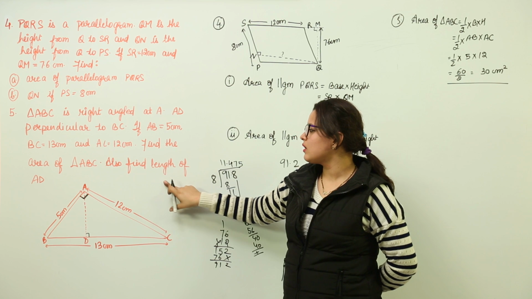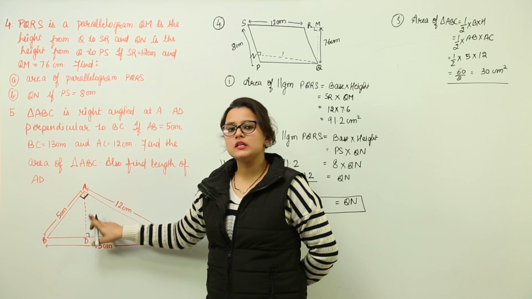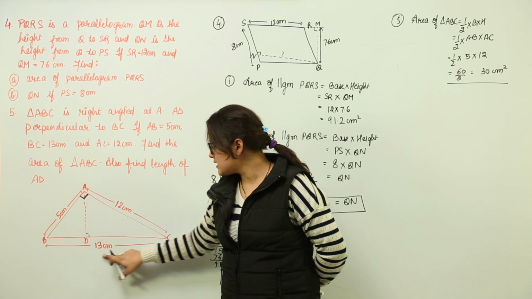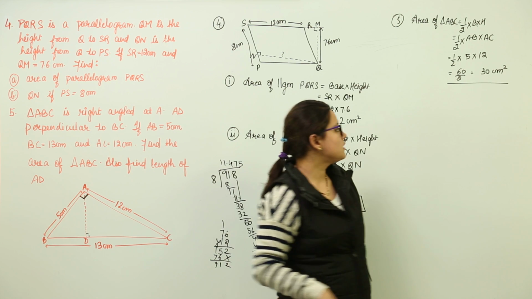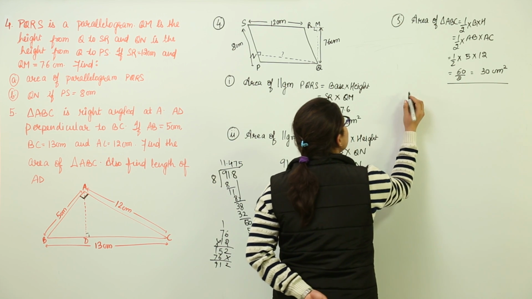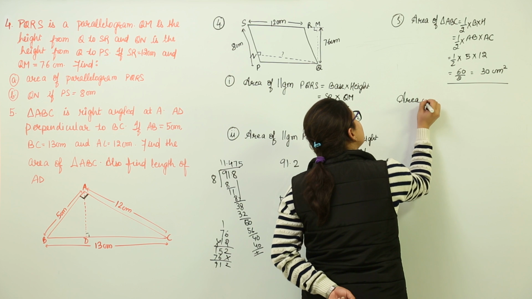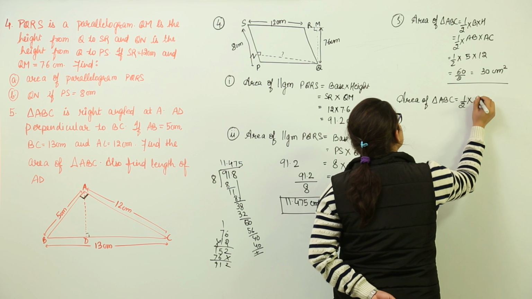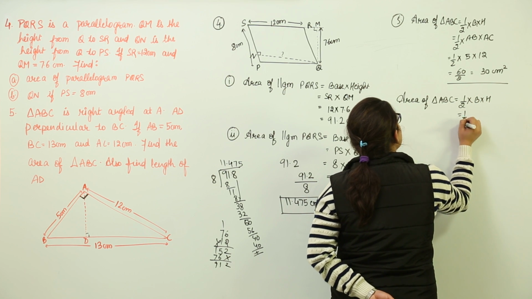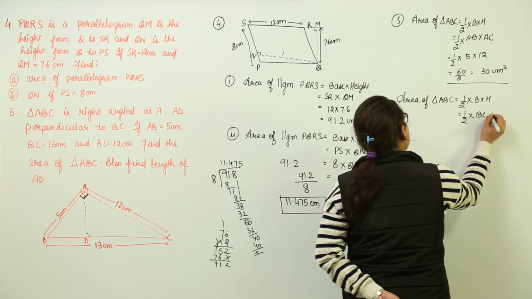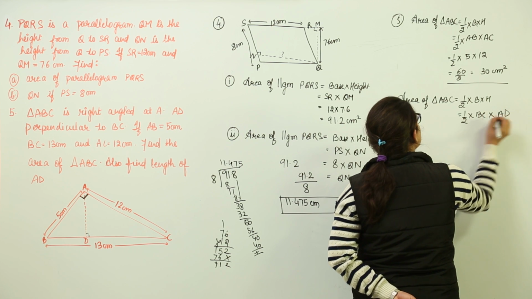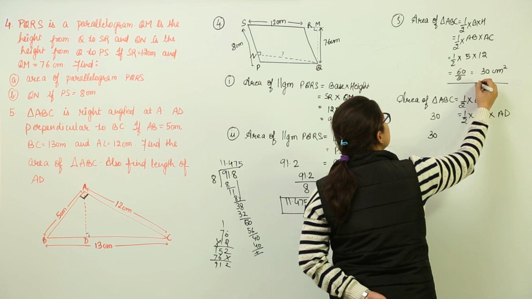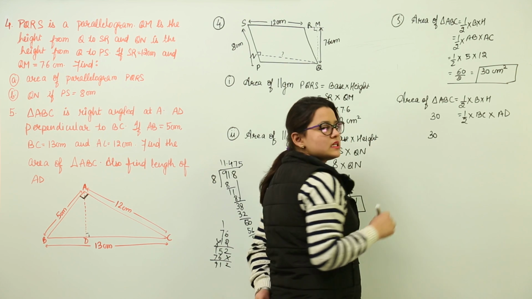Also we are going to find out the length of AD. Now what is the length of AD representing over here? It is representing the height for the respective base BC of this triangle. So we can do the same. We can write in the next step that the area of triangle ABC is equal to half base into height, where the base has changed to BC and the height has changed to AD, equal to 30, because we have already found out that the area of triangle ABC is 30 centimeters square.